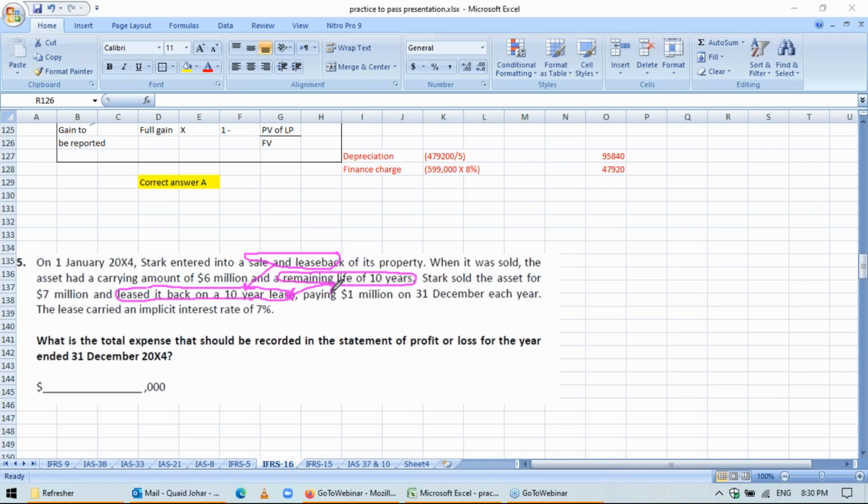If he has not transferred any benefit to the buyer, why is he receiving cash? So if he is receiving cash without giving any benefit to the buyer, then it's a loan. So in this case, what is the substance?